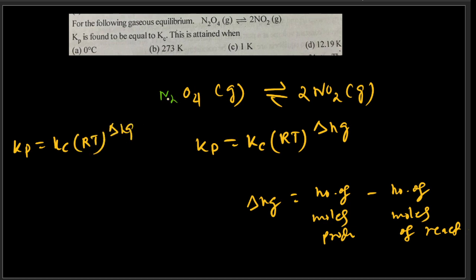So for this question, the product side is 2 and the reactant side is 1. So Δng is equal to 1.